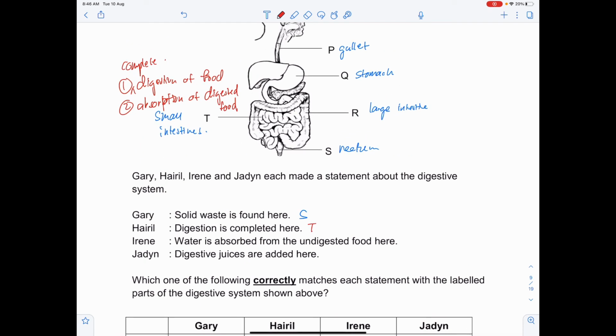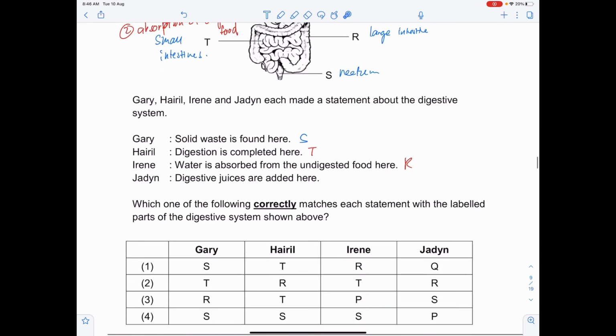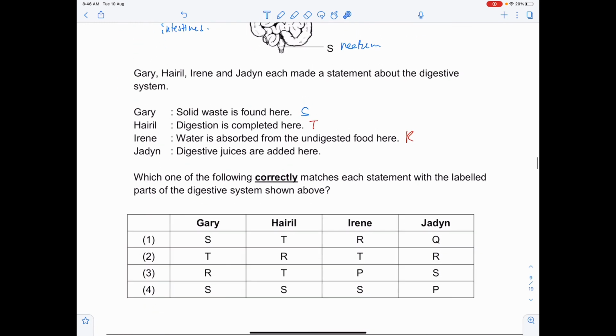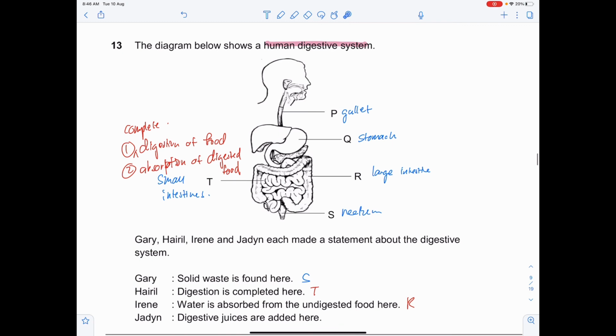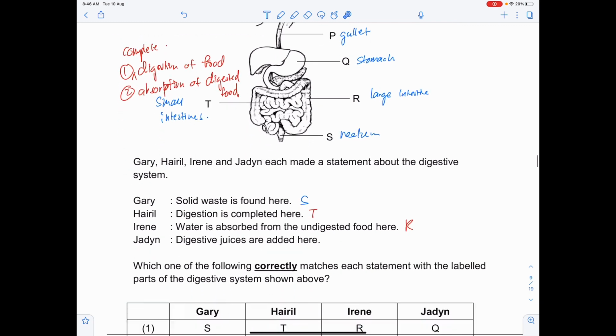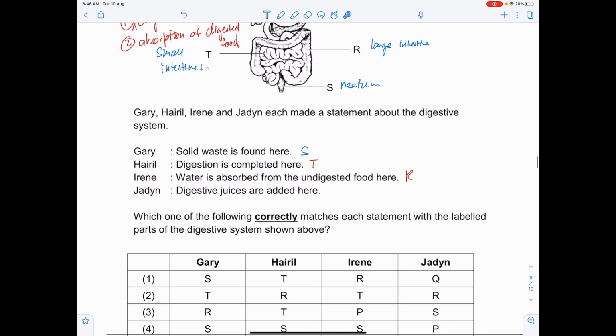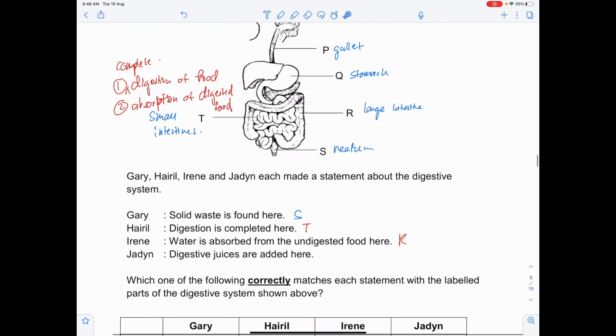Irene says water is absorbed from undigested food. That is your R, your large intestines. And then last, digestive juices are added here. For this part, I'm going to have to say that for this particular statement, there are multiple answers.